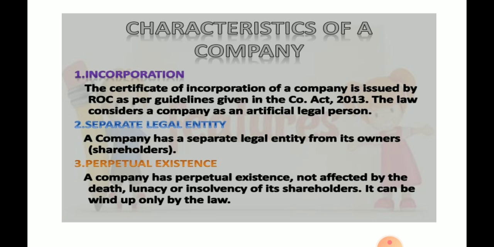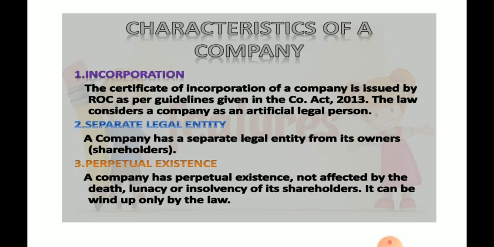Separate legal entity. A company has a separate legal entity from its owners. It means the company is a legal person and its entity is quite distinct and separate from its members. It can purchase and sell property in its own name, can open a bank account, and can also enter into a contract.